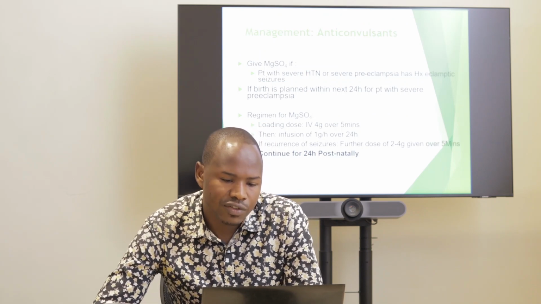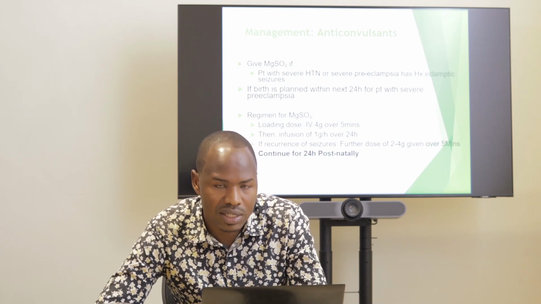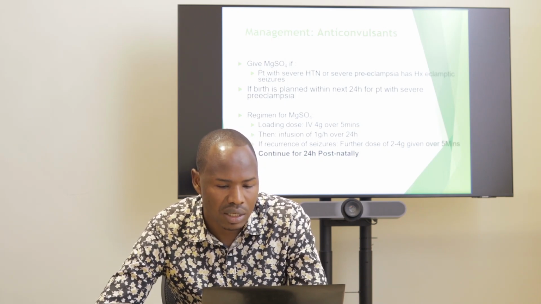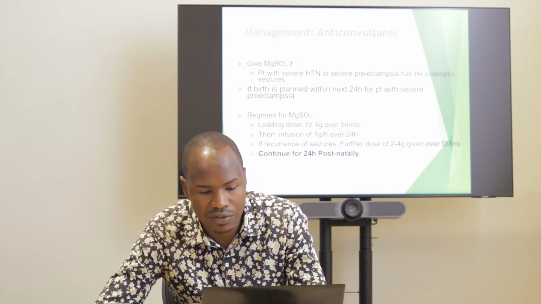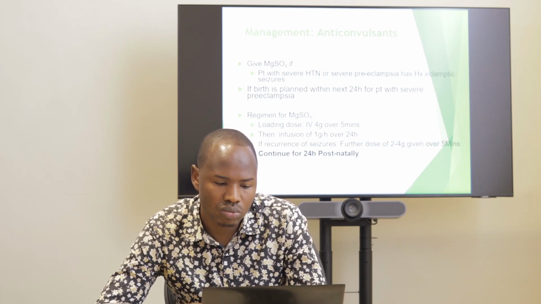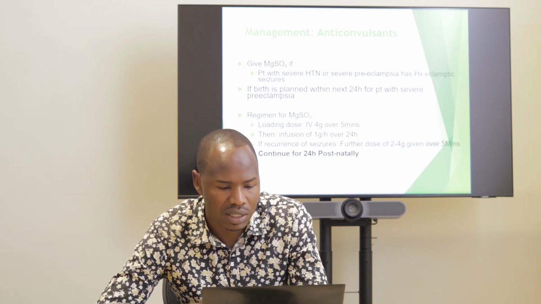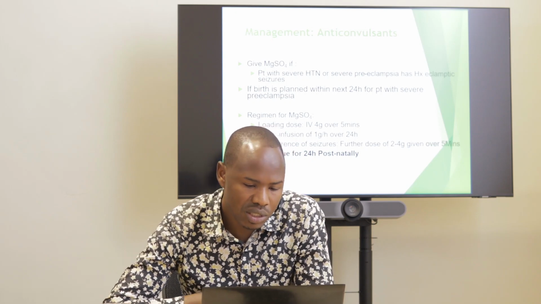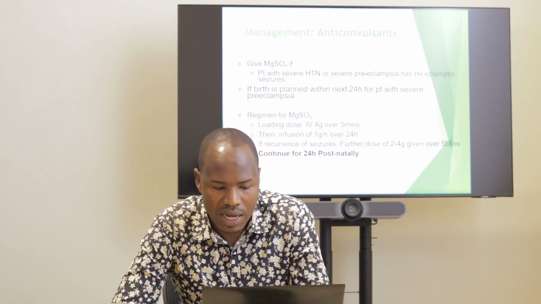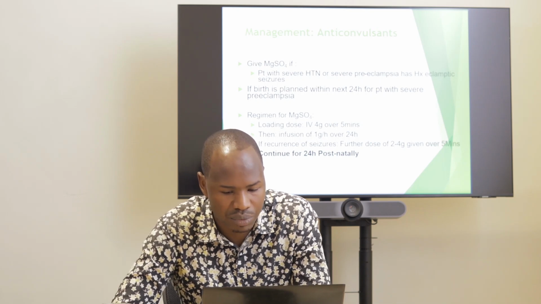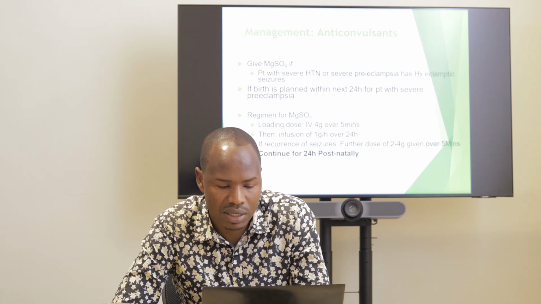We have to give anticonvulsants. The indicated anticonvulsant in pregnancy when the client has preeclampsia with severe features or eclampsia is magnesium sulfate. The patient with severe hypertension or severe preeclampsia and has history of eclamptic seizures, we have to give magnesium sulfate.